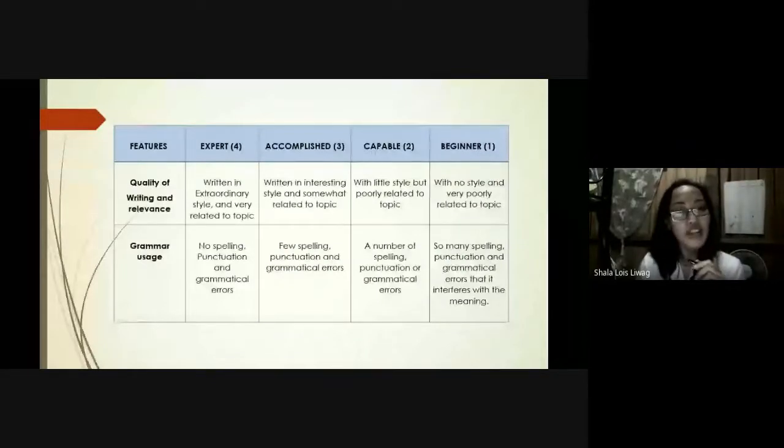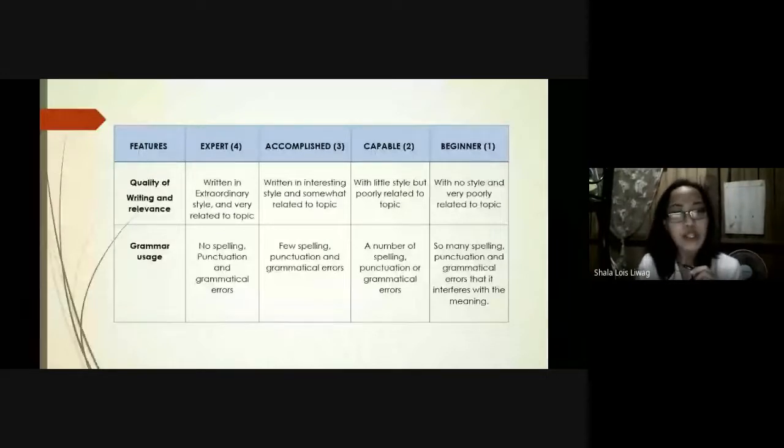For quality of writing and relevance, written in extraordinary style and very related to topic, expert rating is 4. Written in interesting style and somewhat related to the topic, accomplished rating is 3. With little style but poorly related to the topic, capable rating is 2. With no style and very poorly related to topic, beginner rating is 1.